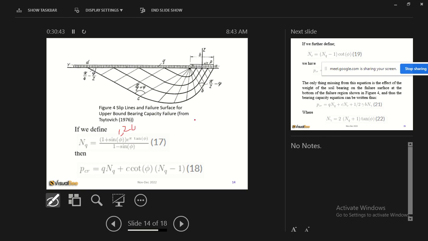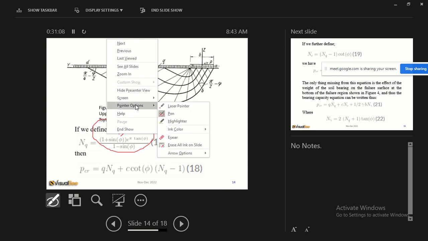Please remember the angles. You can solve this, right? I need some confirmation. You can solve this from this formula, putting phi equals 20. This is just a substitution.